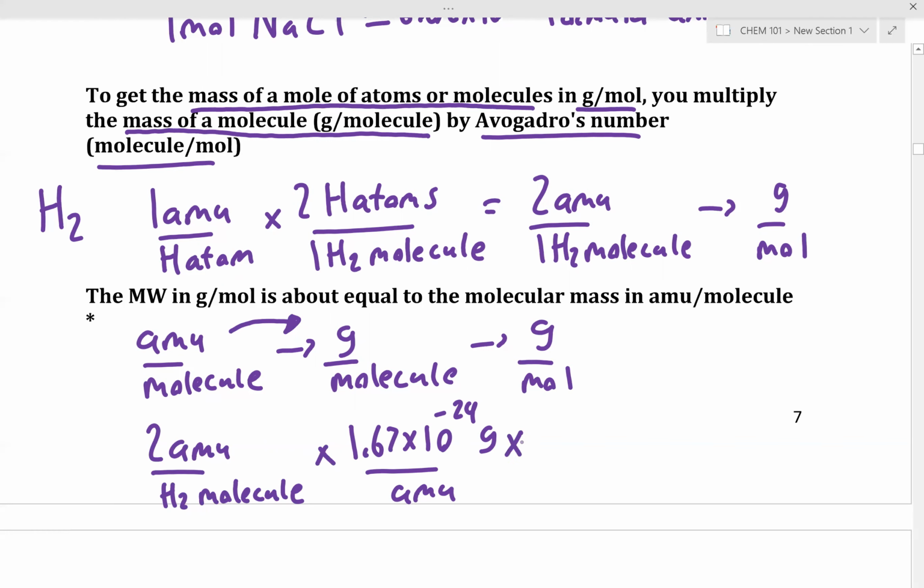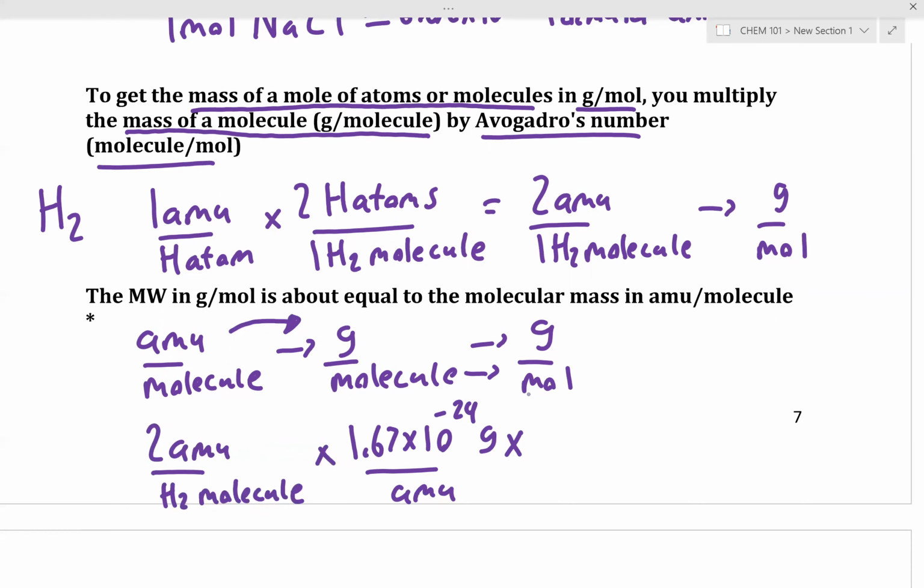In our next step, we're going from 1 over molecule to 1 over mole. If we want moles on the bottom, where do we need to have moles in our conversion factor? On the bottom, right?